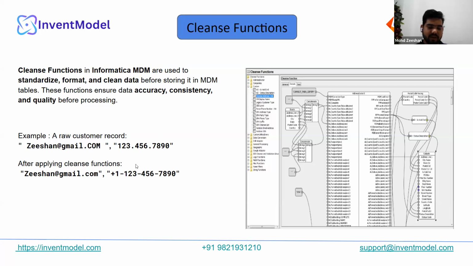So we can use the clean function and apply this logic. In the diagram, we can see we are applying some clean functions, and then mapping this input record to the output like that. So these are the clean functions, and these are the definitions of clean functions.